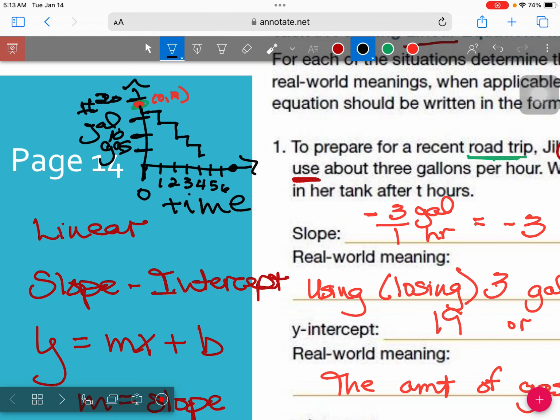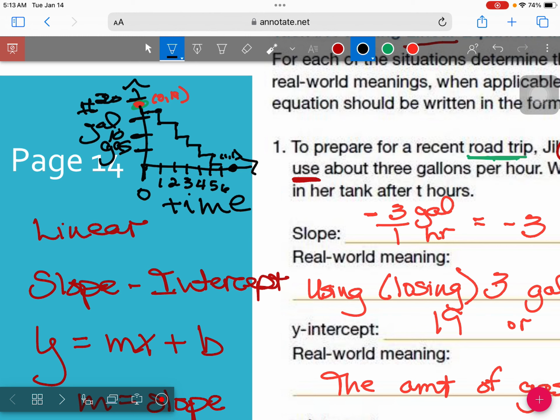Over 1. 7 minus 3 is 4. Over 1. 4 minus 3 is 1. Over 1, 1, 1. And then down 3 over 1.